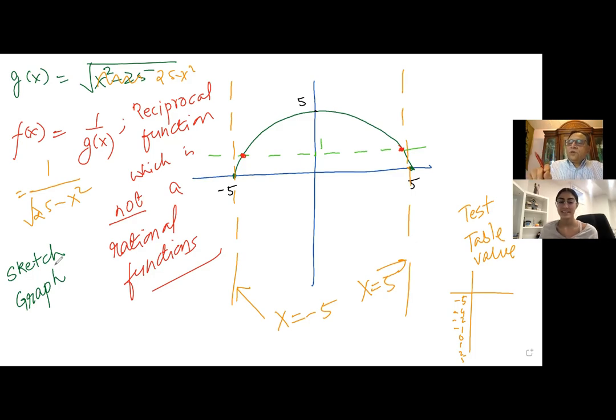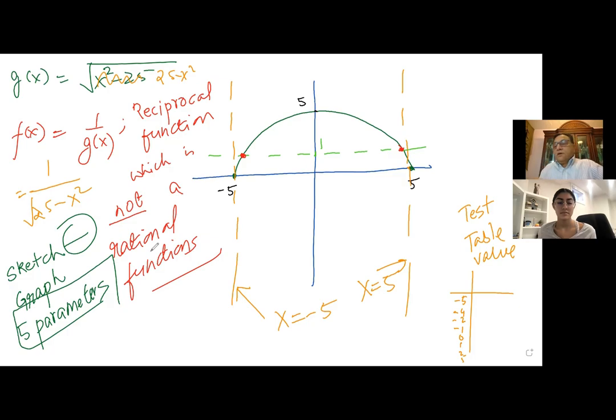You have to only show 5 parameters to get 100% marks. Even for graph, 5 parameters. Parameters include horizontal asymptotes, vertical asymptotes, invariant points, maximum point, minimum point, even positive or negative.